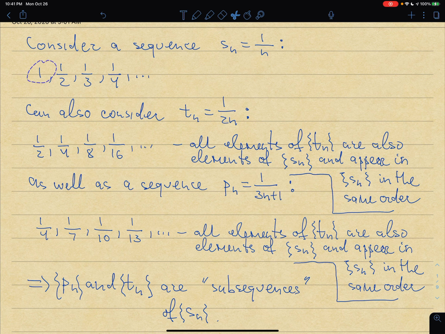So for example, if I have a sequence like 1, 1/3, 1/50,000, 1/1,000,000, 1/1,006,000, and I just keep going in this order of increasing denominator by picking out particular terms of Sn, at the end of the day I'm going to end up with an infinite sequence, and that sequence is going to be contained inside my original sequence. So it must be a subsequence.